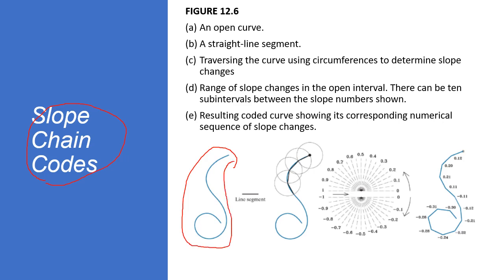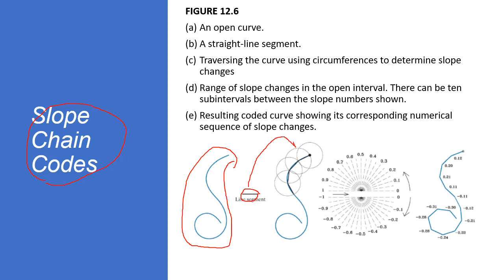And then we determine a line segment, and the length of the line segment determines the accuracy or the precision of our approximation. So let's suppose this is the length of the line segments, which is the radius of the circles that is used here.